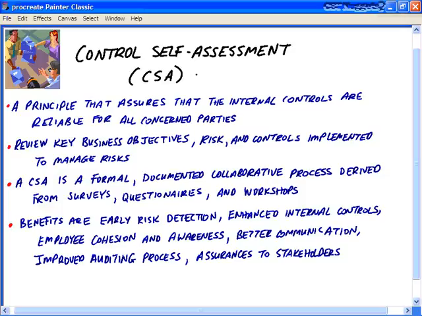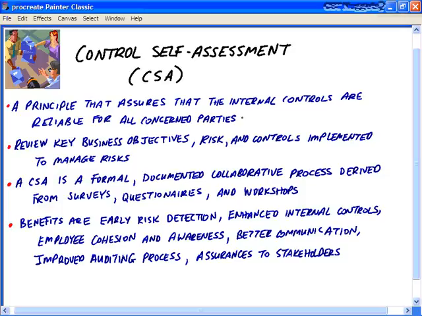The last concept we're going to look at in this Nugget movie is what we call control self-assessment, or CSA. CSA is a process that makes sure that our internal controls, the controls that we're deciding upon, are going to be reliable and acceptable for all the concerned parties. This means managers, stakeholders, board of directors, auditing teams, customers, strategic partners, anybody that has their hands on the reliability of our internal control systems.